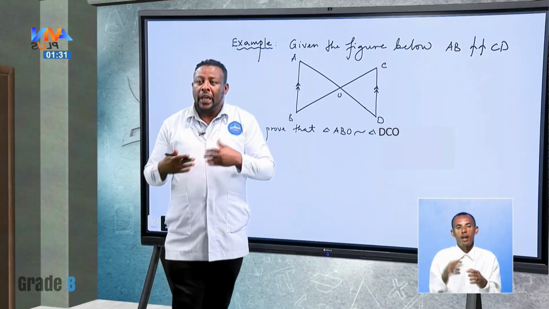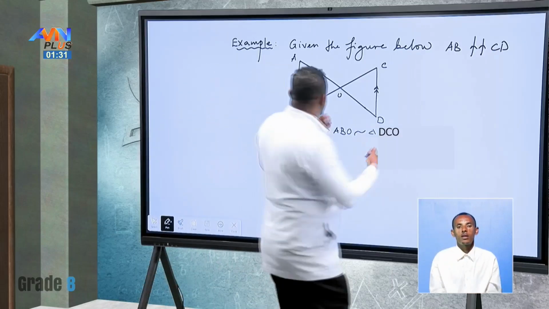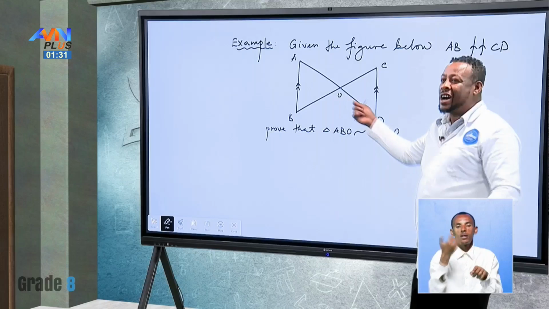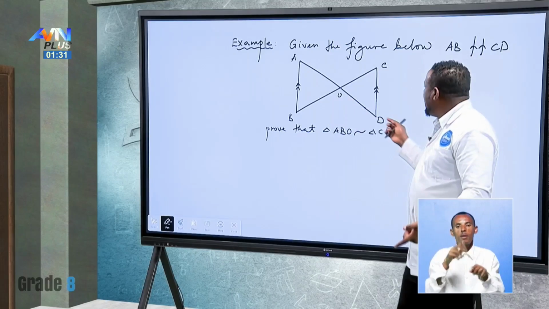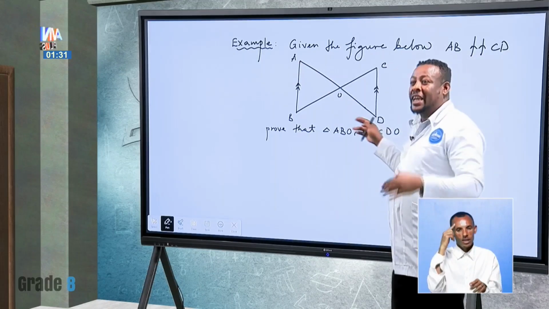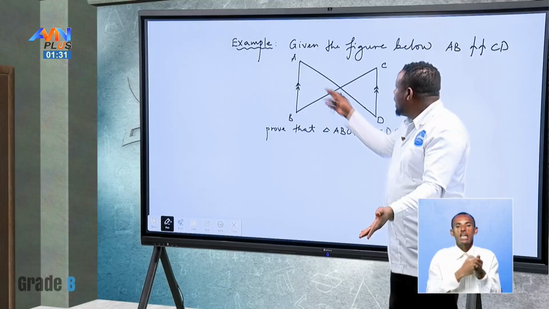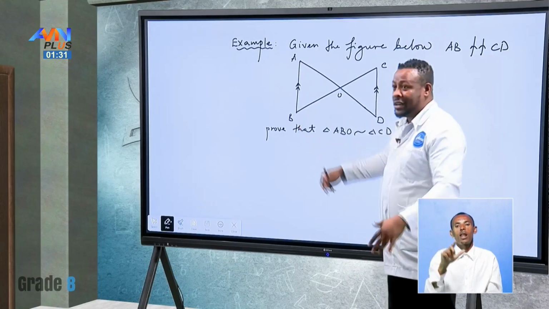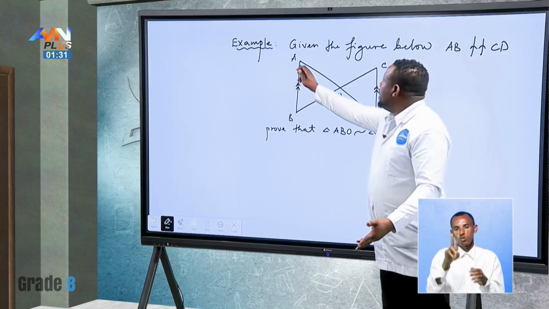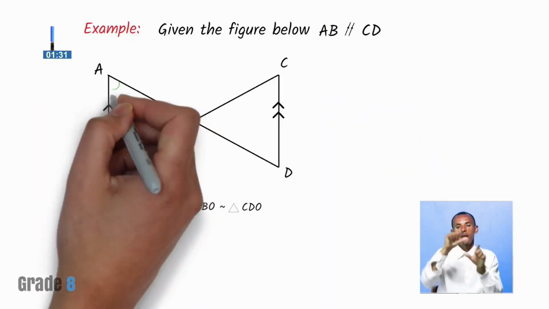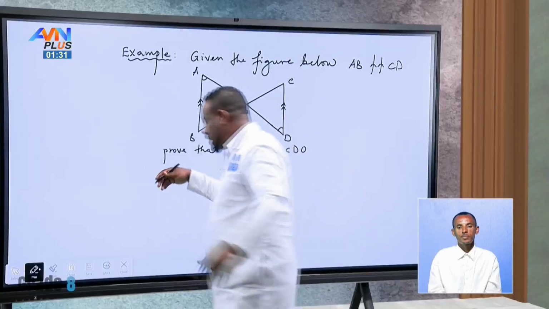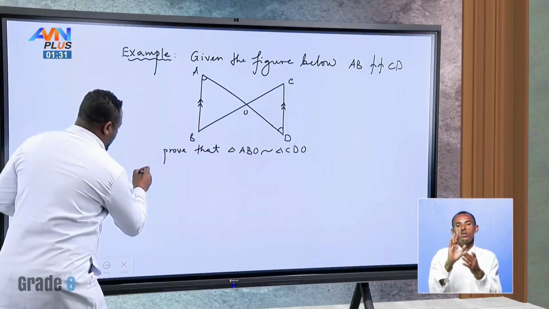So if these two lines are parallel, and consider AD as a transversal, okay? If AD is a transversal for the two parallel lines, clearly this angle and this angle will be the same, okay? So let us formally write the proving, okay?